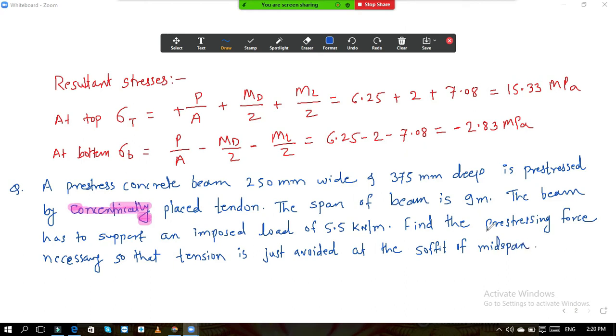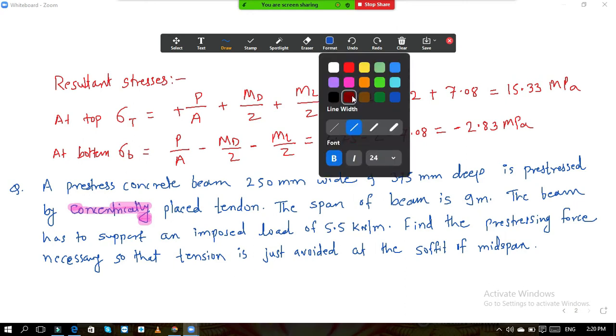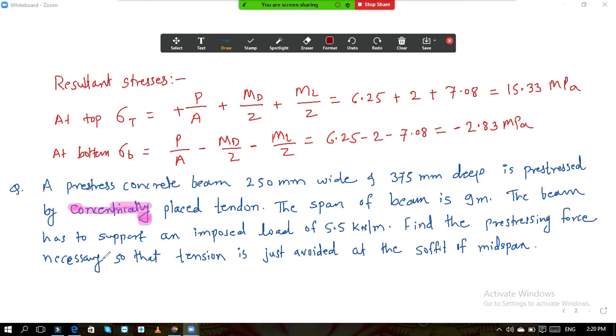Okay, this is the half of the part, and next the problem is continued like this.